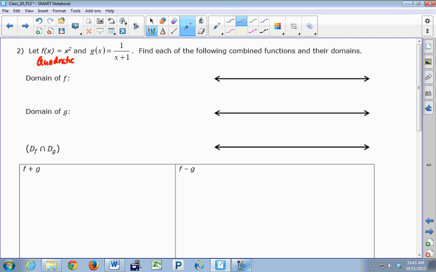Another class that all quadratics fit into, and all cubics, and all linear functions, and all quartics, and septics, and however far we want to go. What's the name for that big class of functions? Polynomials, right? So this is a quadratic function. It's also a polynomial function.